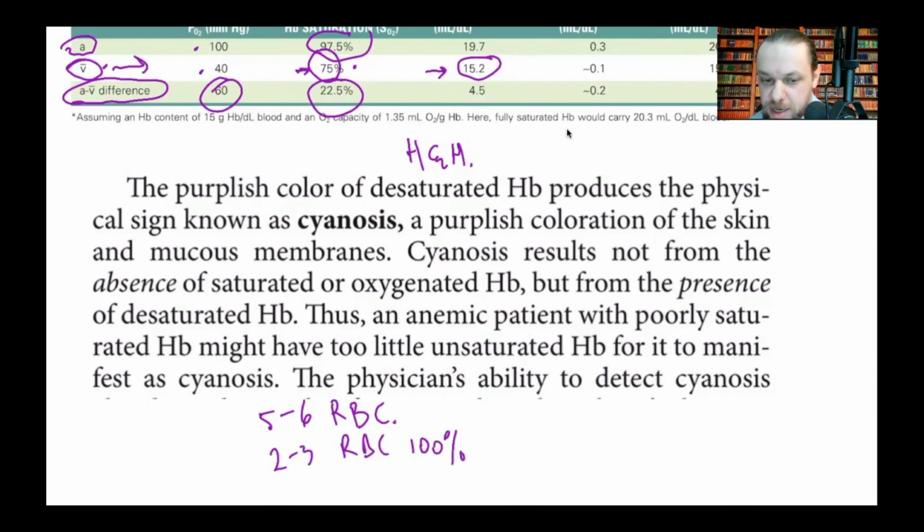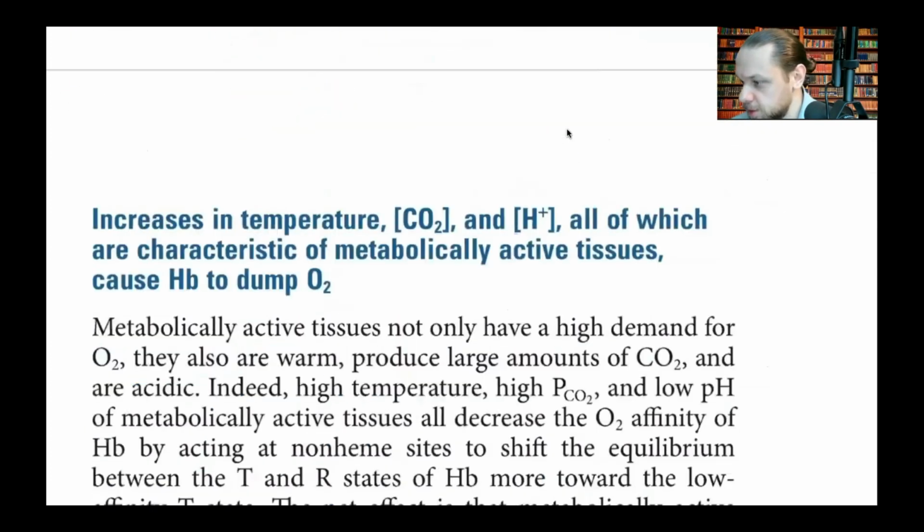And so even though they're cut in half, you will still see a pinkish color. You may not see cyanosis. Why? Because they are fully saturated. So when you have cyanosis, it means that you definitely have presence of desaturated hemoglobin. So that's very worrisome. That's why we provide oxygen. So just to make you aware of what cyanosis is.